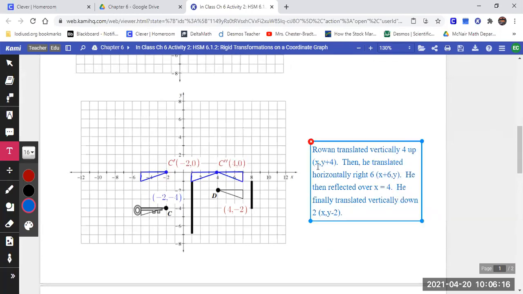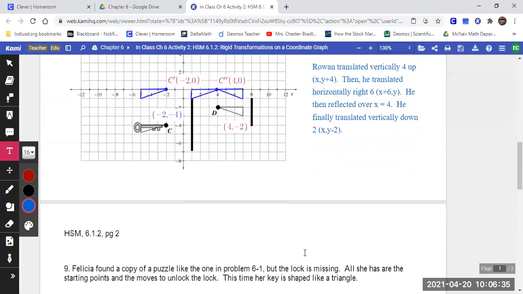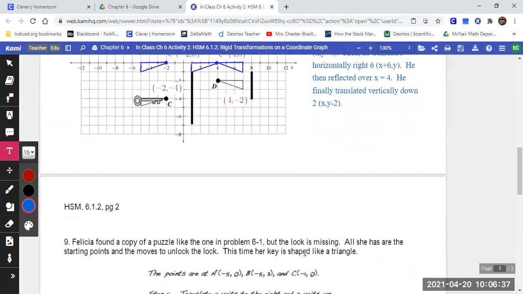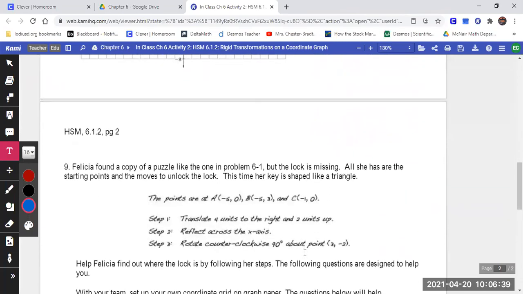This says keep the X the same, slide the Y 4 in the positive direction. Slide the X 6 in the positive direction, keep the Y what it is. Keep the X the same, slide the Y down 2. Okay, that's what those little rules mean. And if you have been looking at what the program was doing yesterday, it was doing that for you.